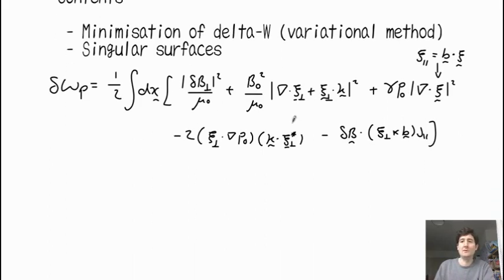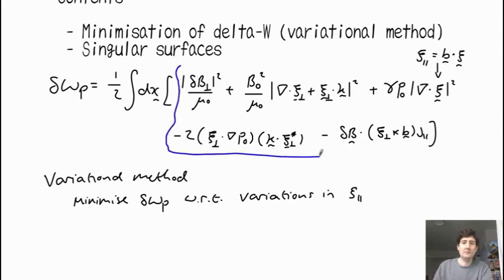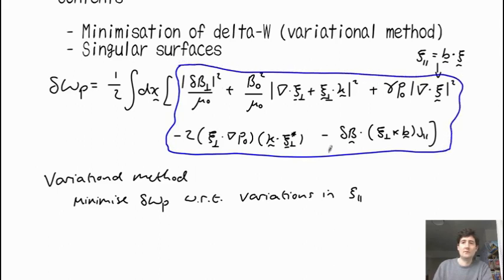We can do this just by using the Euler-Lagrange equations, the variational method. I'm going to minimize delta W with respect to variations in psi parallel. The way we do this is by labeling the function inside the integral, this whole thing in here, as L, some function of space.